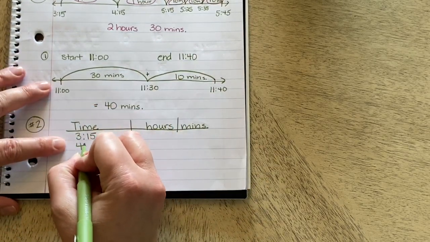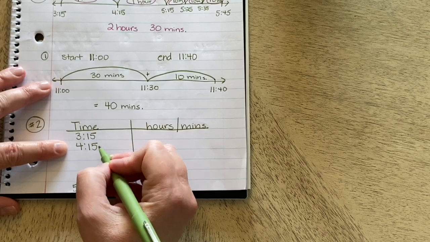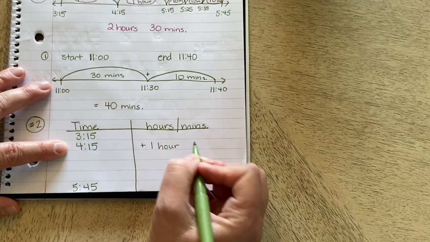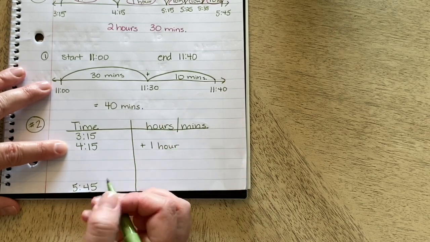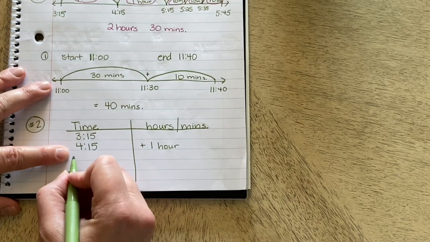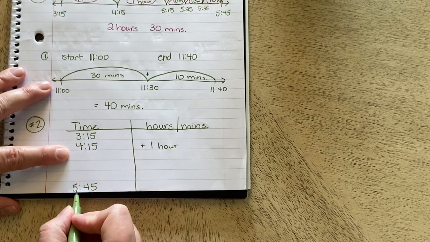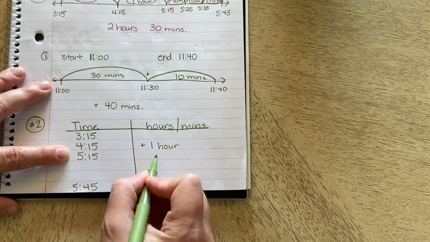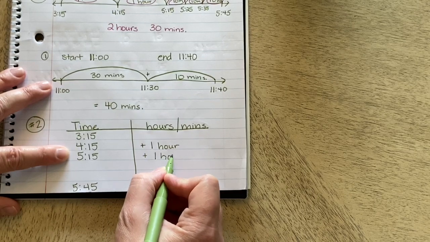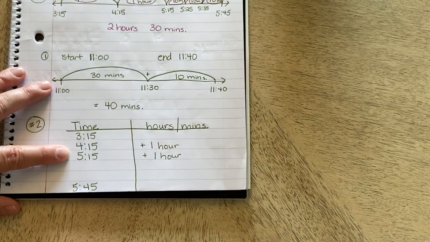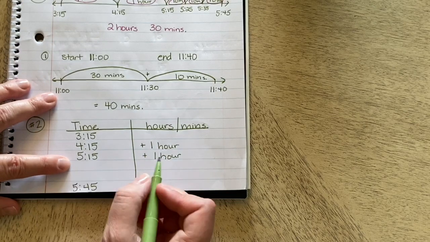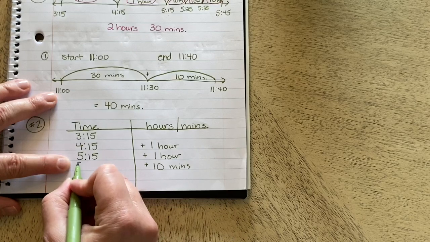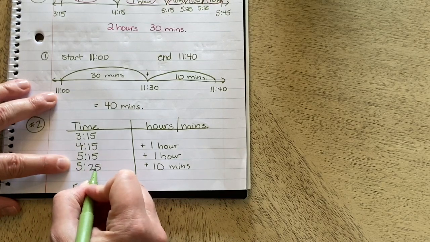So we have 4:15, and if I went from 3:15 to 4:15, that means I added 1 hour. Now I can go another hour because that's not going to get me to 5:45. So I can say 5:15 is plus another hour. And then if I add 10 minutes, it's going to take me to 5:25.